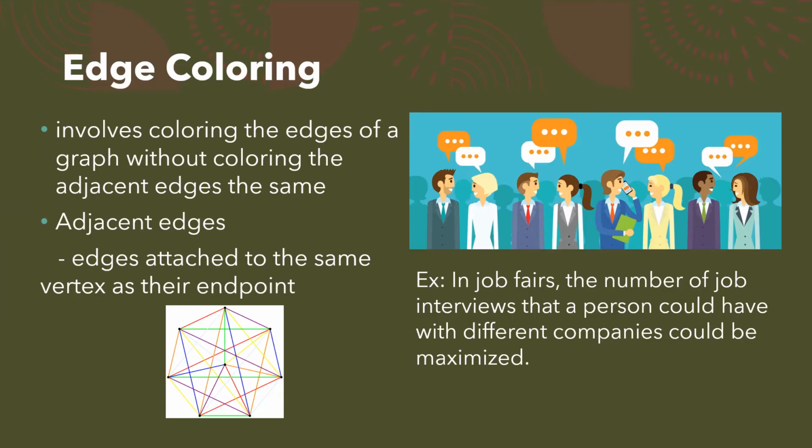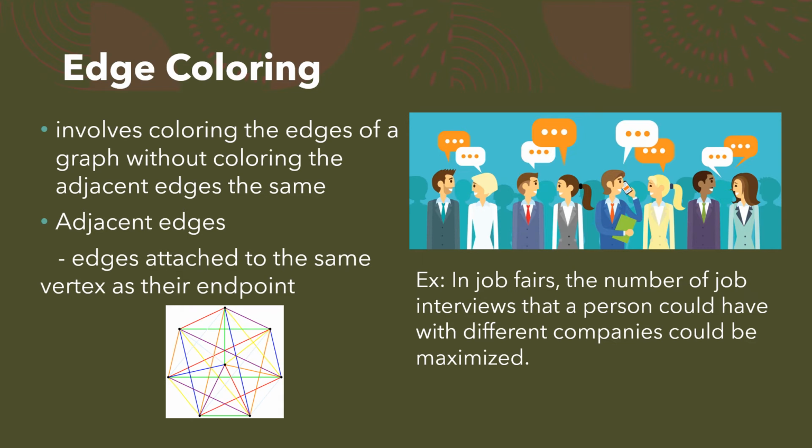On the other hand, edge coloring involves coloring the edges of a graph without coloring the adjacent edges with the same color. Adjacent edges are essentially edges attached to the same vertex as their endpoint. This best applies to job fairs, where a person would usually have some interviews with people from different companies.